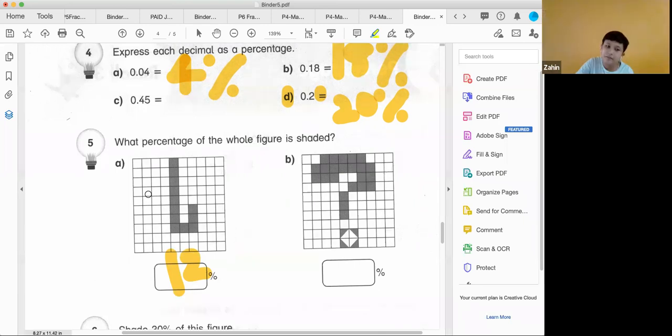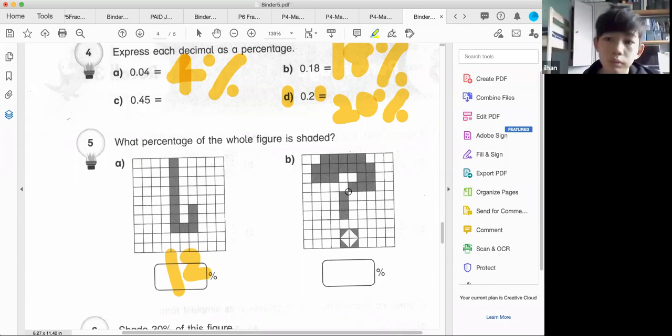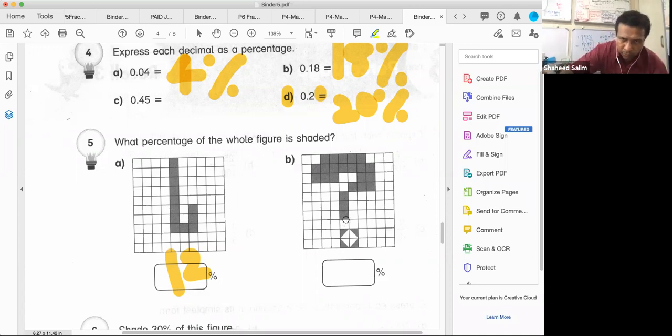25. Let's see here. 3, 6, 10, 12, 13, 14, 15, 16, 17, 18, 19, 20, 21, 22, 23. I got 23.